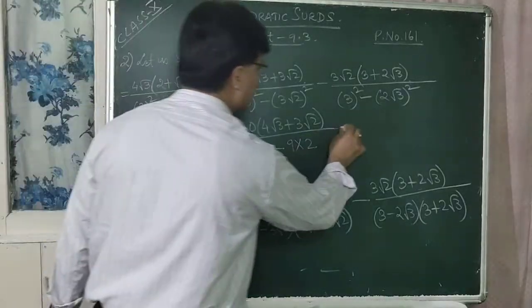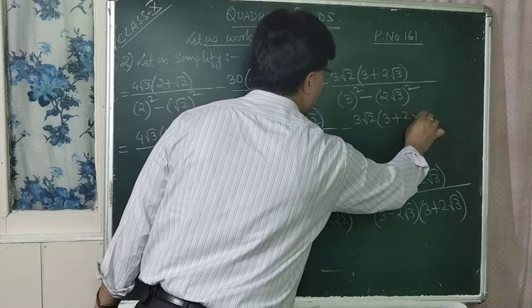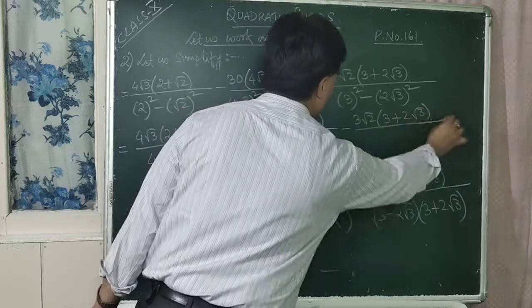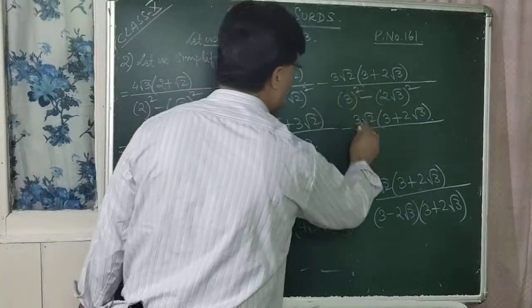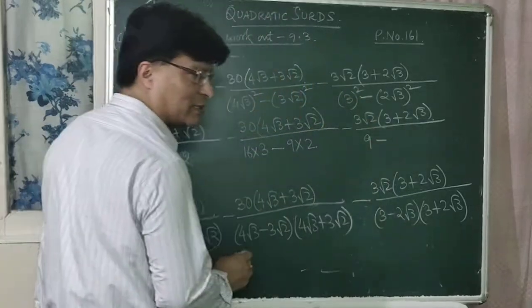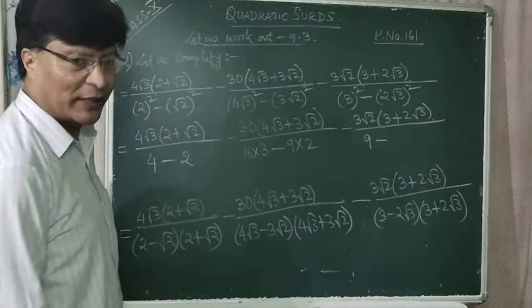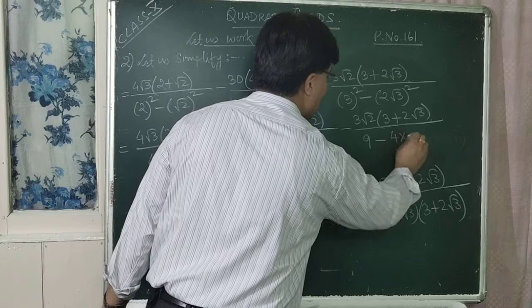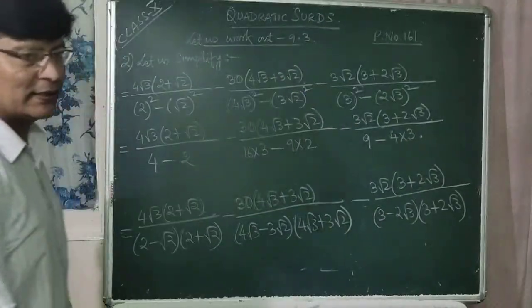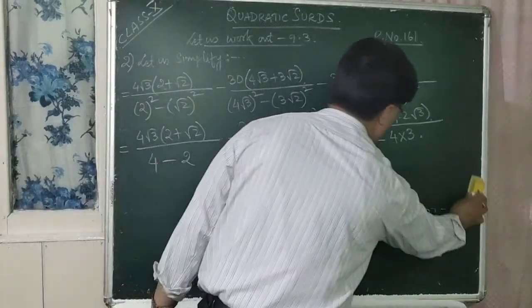Next third term, minus 3√2(3 + 2√3) whole divided by, what is that? 3 square is 9. Minus, now again this square is for both 2 as well as √3. What is 2 square? 4. What is √3 whole square? 3. Is that clear?